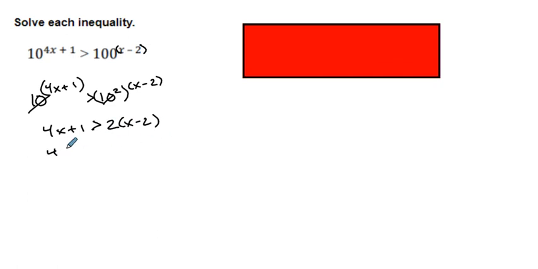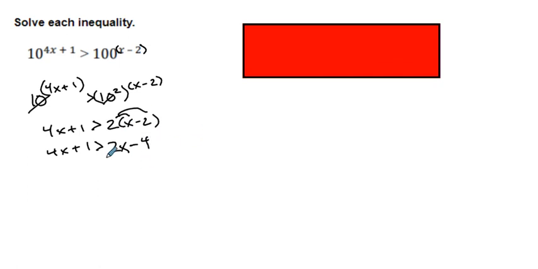And then it just becomes a matter of doing our problem solving steps. So let's do distributive property. 2 times x is 2x, and then 2 times negative 2 is negative 4.